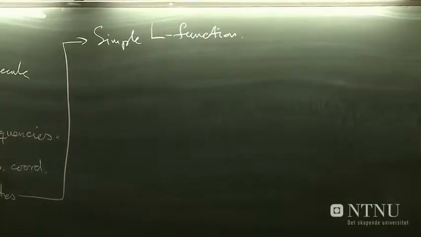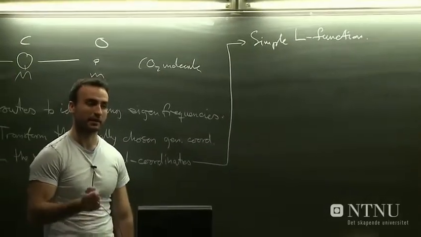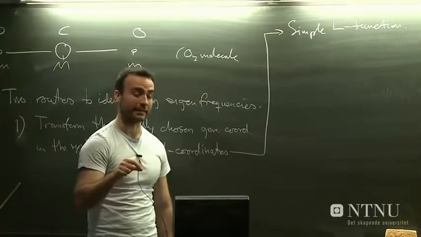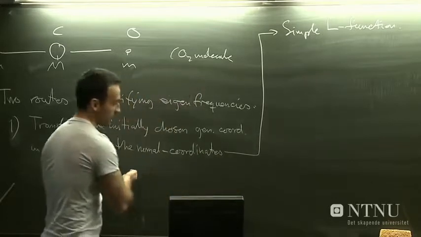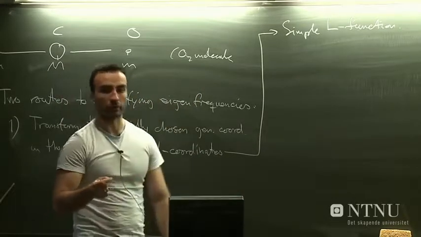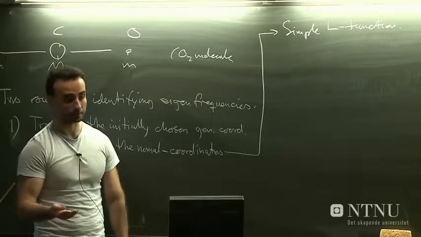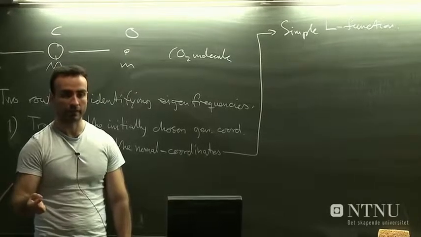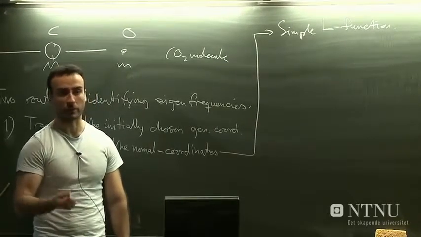And the whole point of doing so was in order for us to be able to identify a simple Lagrange function from which we could read out immediately the eigenfrequencies of the system. Because if we were able to identify the normal coordinates of the system, we know that the Lagrangian can then be written as, or the Lagrange equations may be written as a set of uncoupled equations for each of these normal coordinates in the form of a simple harmonic oscillator.